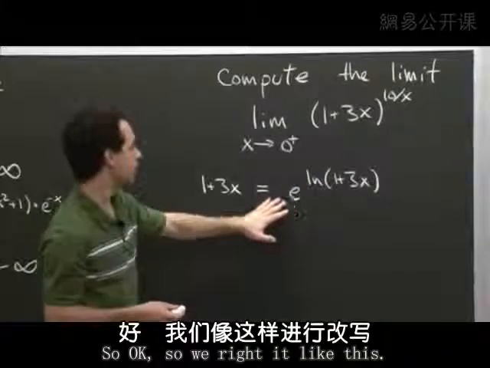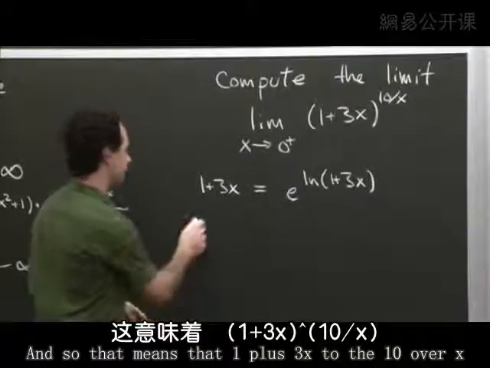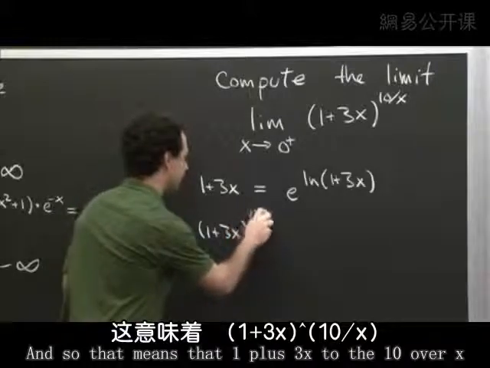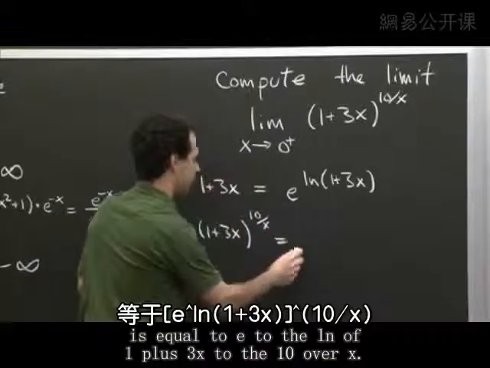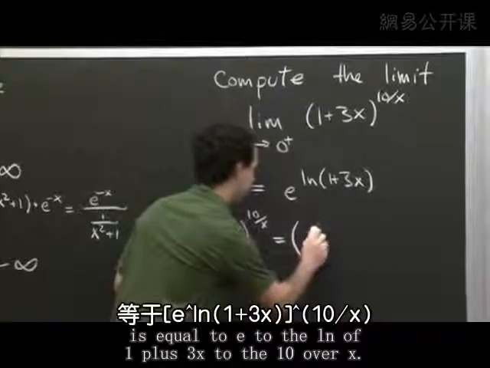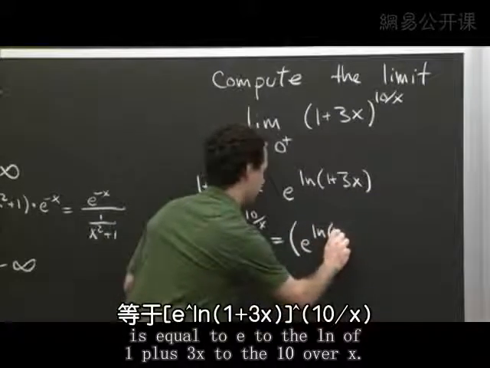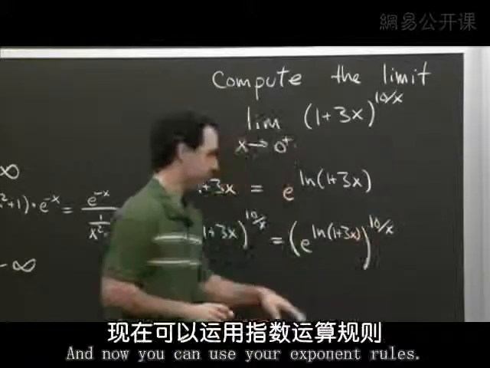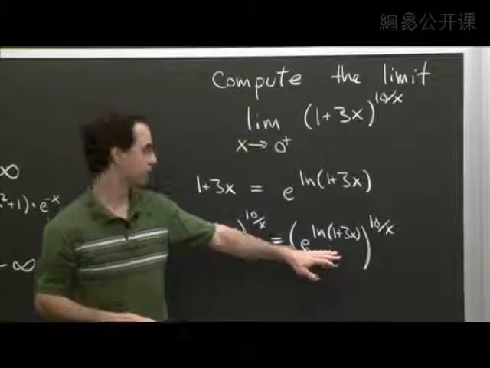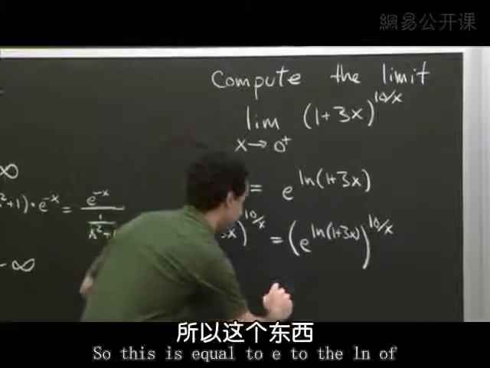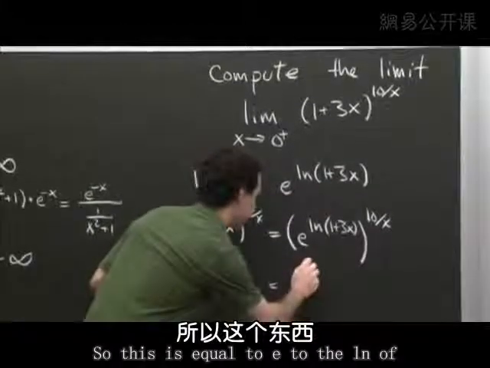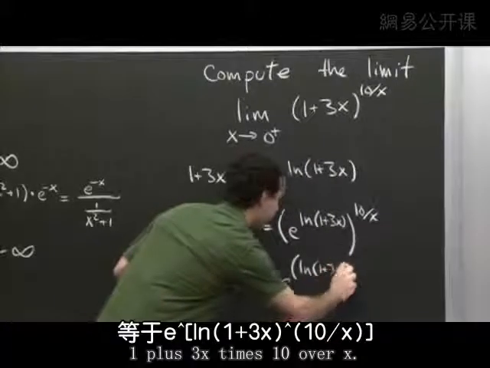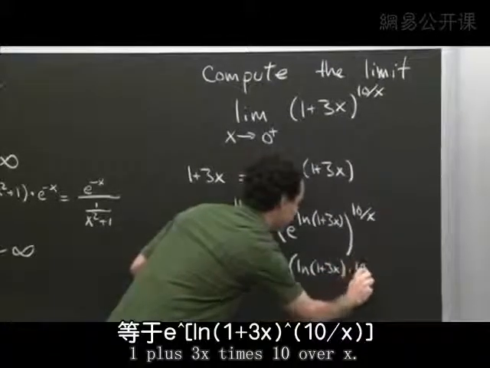So (1 plus 3x) to the 10 over x is equal to e to the ln of ((1 plus 3x) to the 10 over x). And now you can use your exponent rules. So this is equal to e to the ln of (1 plus 3x) times 10 over x.